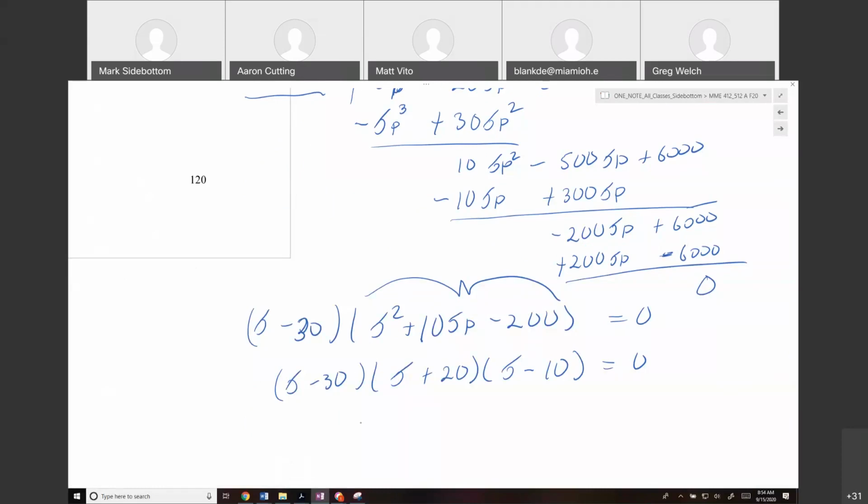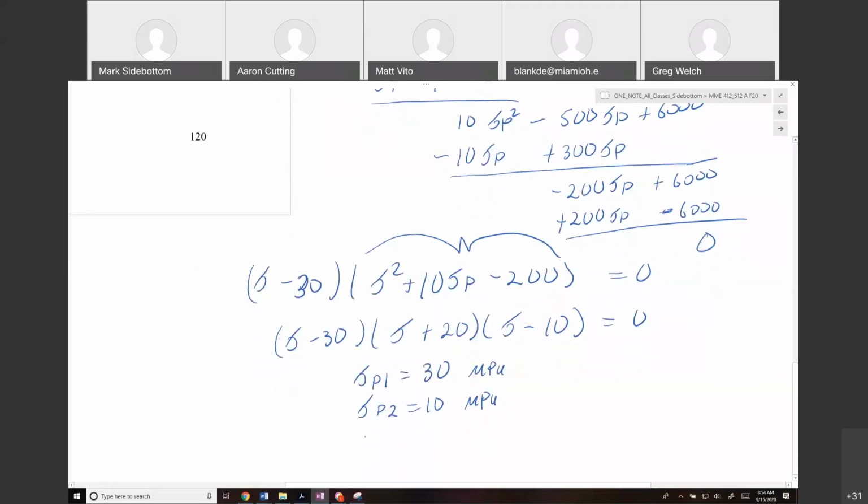Our maximum principal stress would be equal to 30 megapascals. Our second principal stress would be equal to 10 megapascals. And then our minimum principal stress, which is our third principal stress, sigma P3, would be equal to minus 20 megapascals.